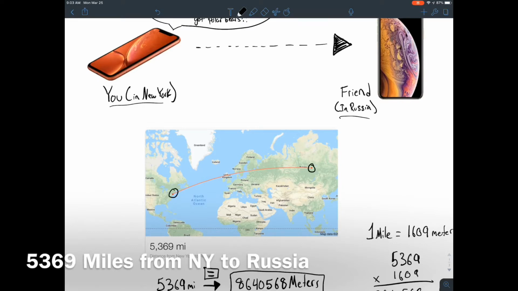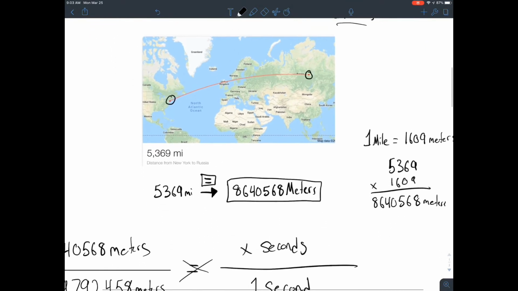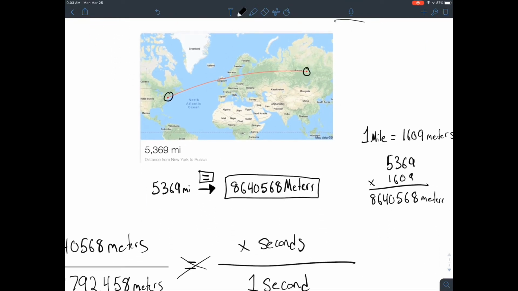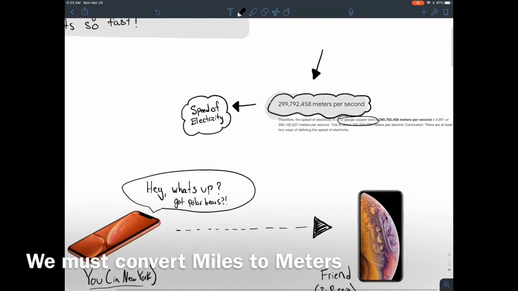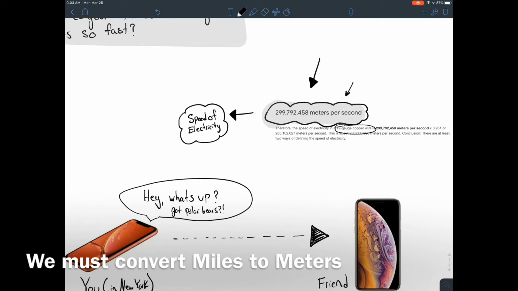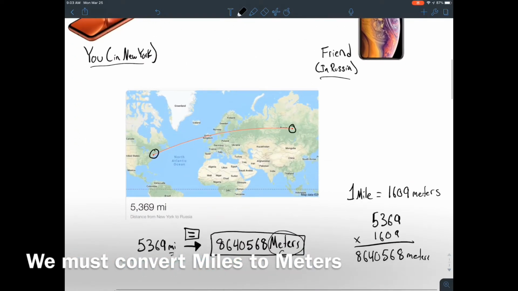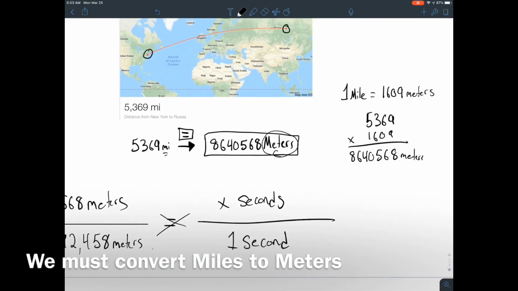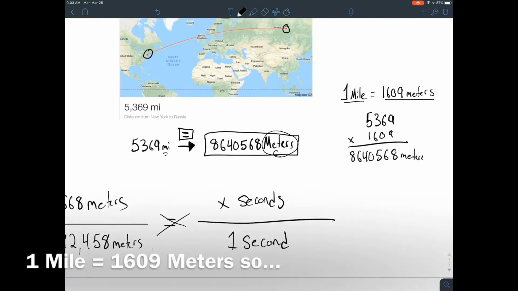So here's a little pocket math to investigate this. First thing we need to know is how many meters this is, because we currently have this in miles, and it told us that it goes this many meters per second. So in order to turn this to meters, we're going to find out the conversion, which is 1 mile is 1,609 meters.